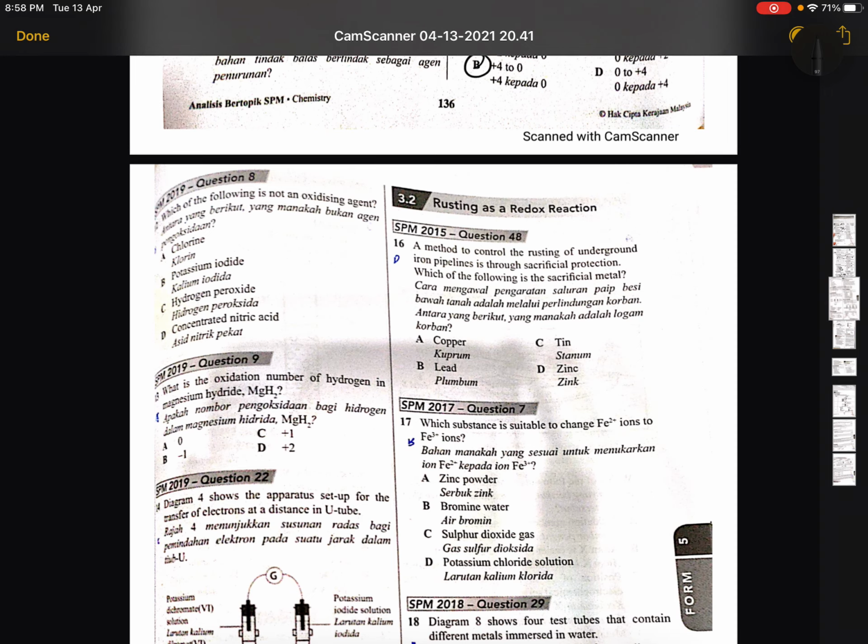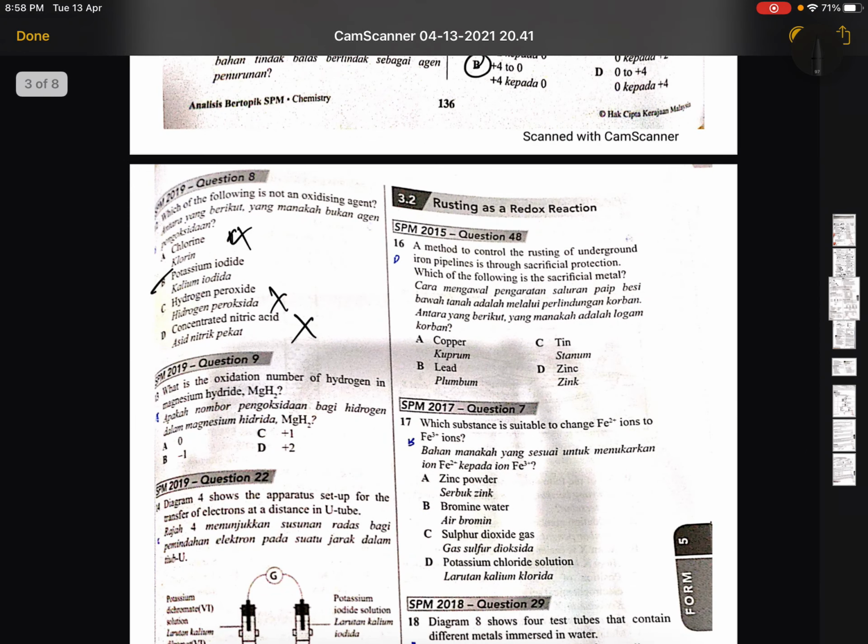Which of the following is not an oxidizing agent? Chlorine gas is an oxidizing agent, so it's not going to fulfill the answer. Potassium iodide, okay, that's the answer. Hydrogen peroxide, nope. Concentrated nitric acid, any acid is an oxidizing agent. So you hit it here first. Anything that says acidified or concentrated is an oxidizing agent.